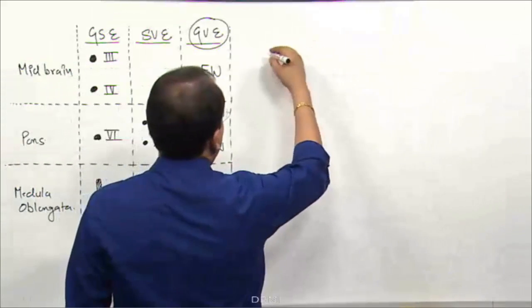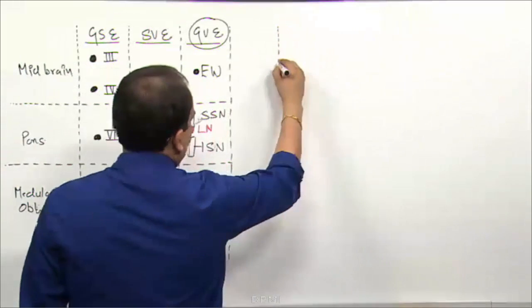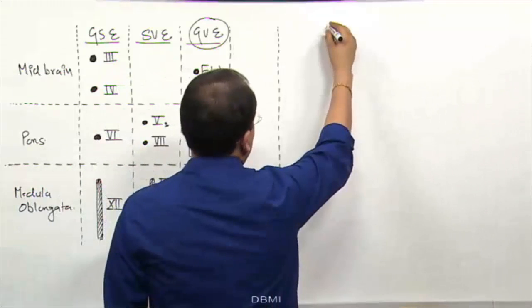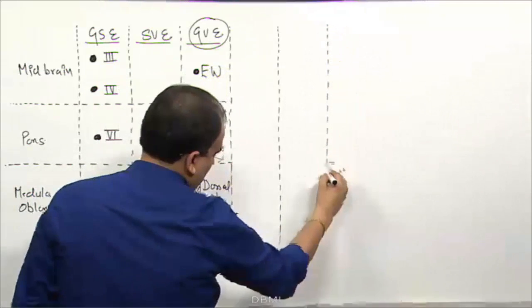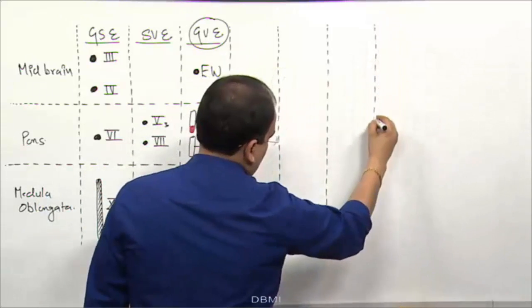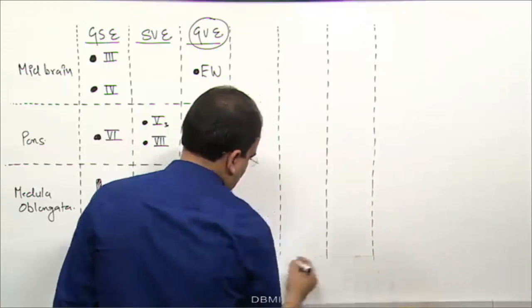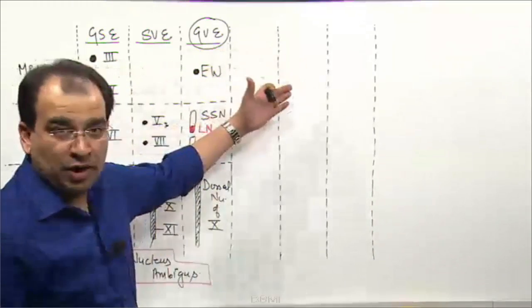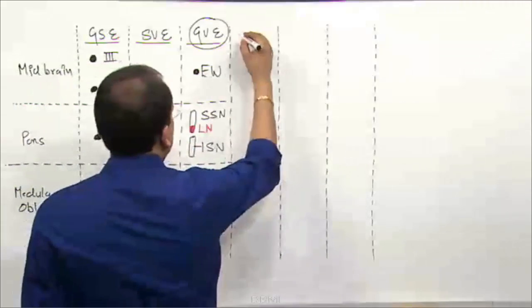So once again let's make these 3 columns here. Corresponding afferent columns. So let's start from the corresponding one.